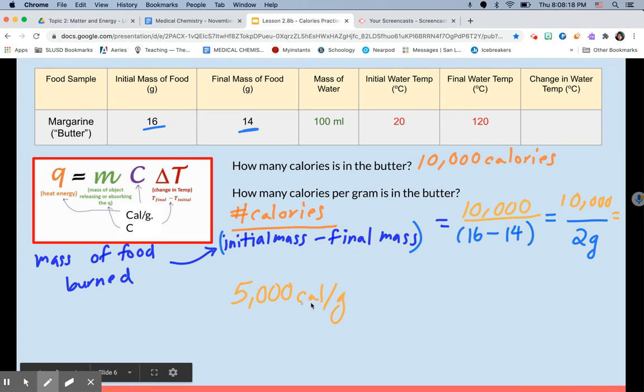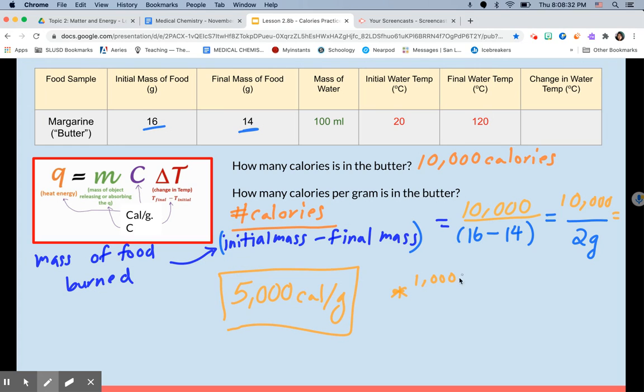And notice that this is lowercase c calories, right? And we mentioned that there's a difference between lowercase c calorie and capital C calorie. Specifically, 1,000 lowercase c calories is equivalent to 1 capital C calorie, right? So if I ever were to ask you how many capital C calories this would be, as you would label in the nutrition facts, you would just divide this by 1,000, right?